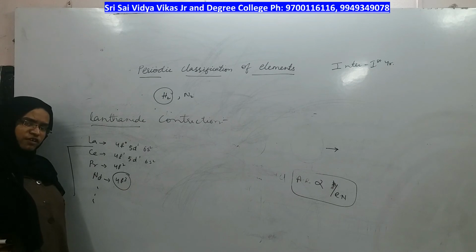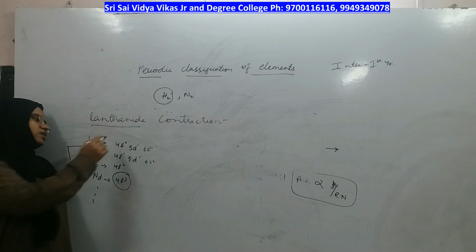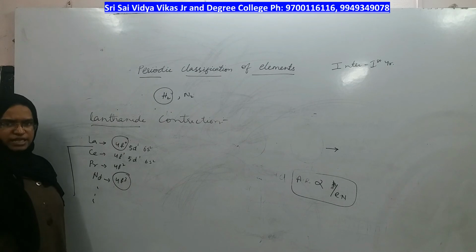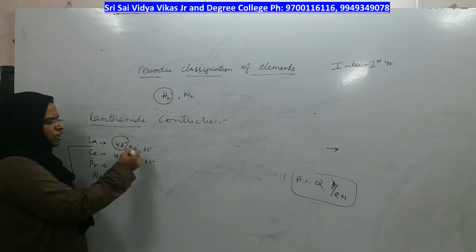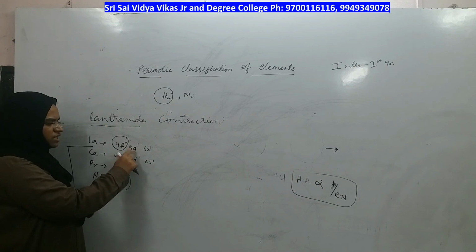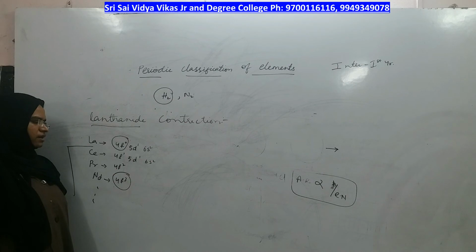The elements which follow lanthanum are called lanthanides, but lanthanum doesn't come into f block elements because there is no f electron in lanthanum. After lanthanum, what should be the next configuration? If lanthanum is having d1, the next should have d2, d3, d4, but that does not happen.